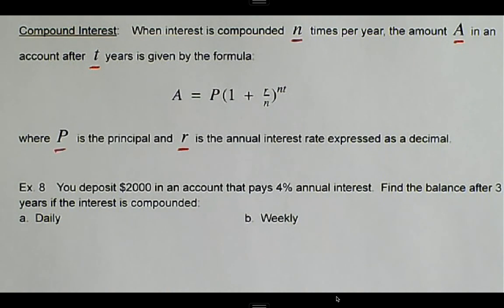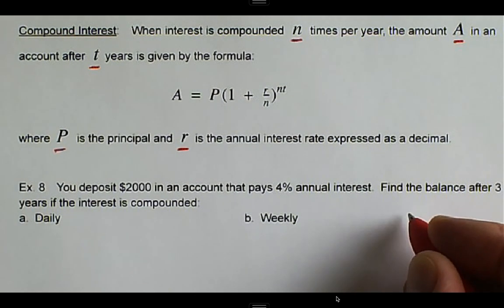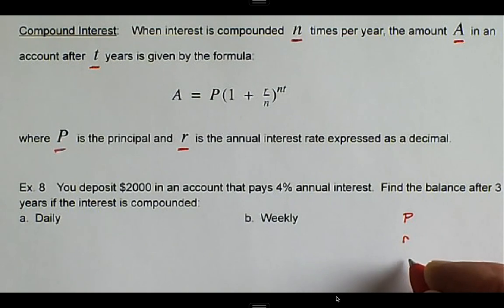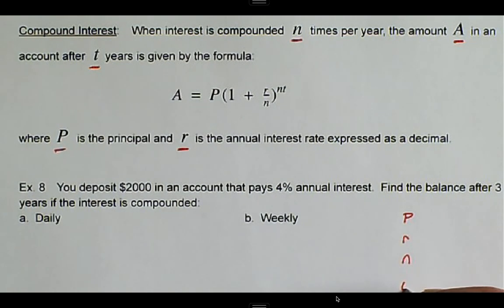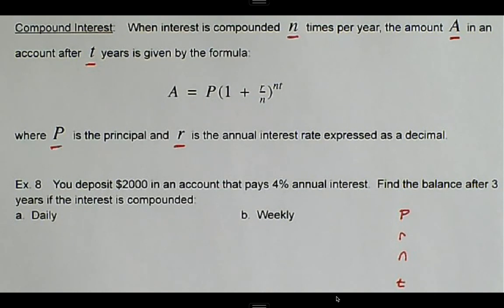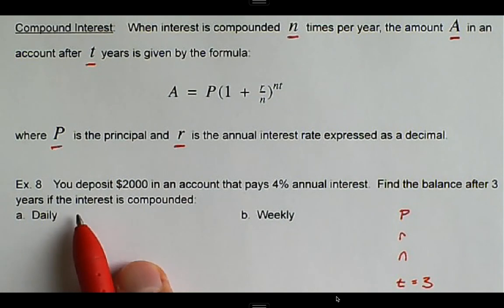So there are a number of things in the equation that we have to come up with. We have to know P, R, N, and T. Things that aren't going to change in this case: the number of years is always going to be 3 years, because that was designated up here.